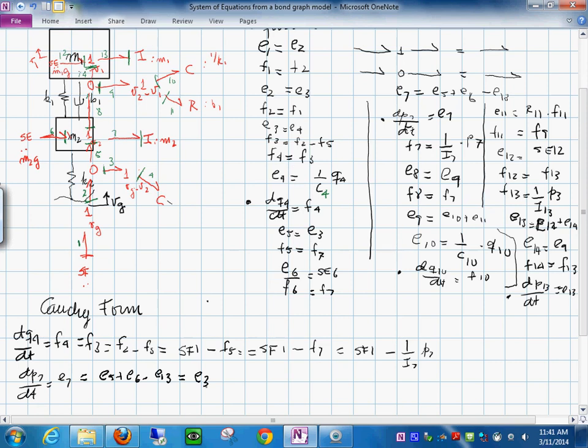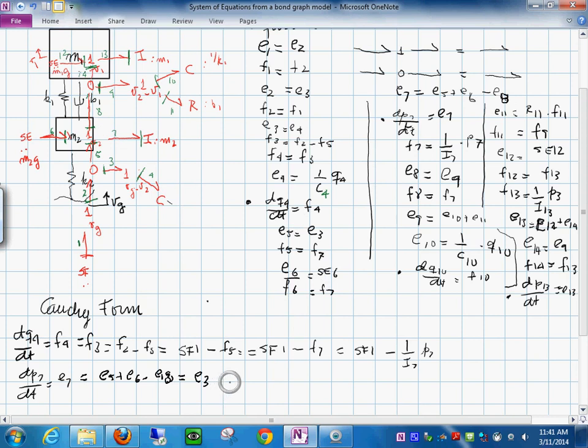Actually, that should be minus e8, isn't it? E7 should be equal to e5 plus e6 minus e8. Yeah, I don't know why I put it in there.